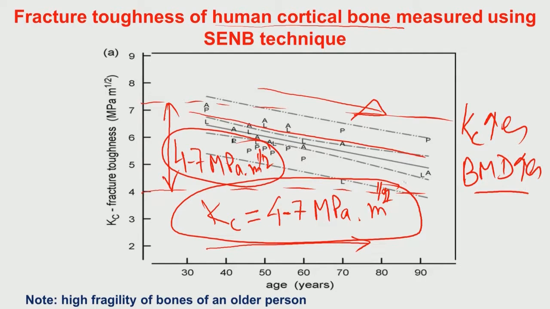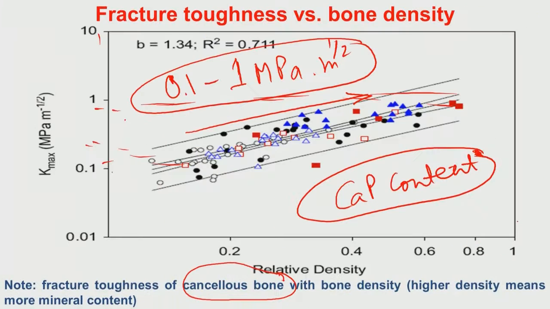Because if you look at the age going to the right hand side, and you plot the bone mineral density, that should go on the left hand side. So, the larger the bone mineral density, the more the fracture toughness, and here again you can see that the more the bone mineral density, the more the fracture toughness. This is also true for cancellous bone.